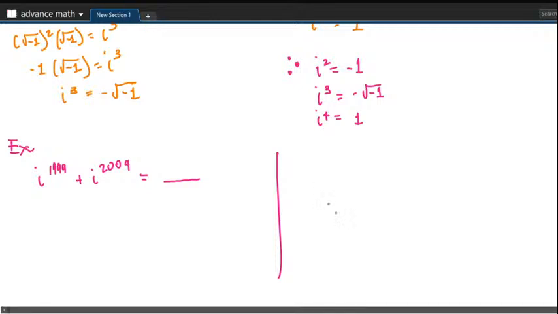So 1999 divided by 4. We will just be using our calculator. Let's first get our calculator on the screen.